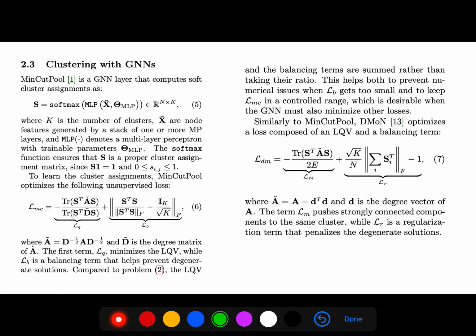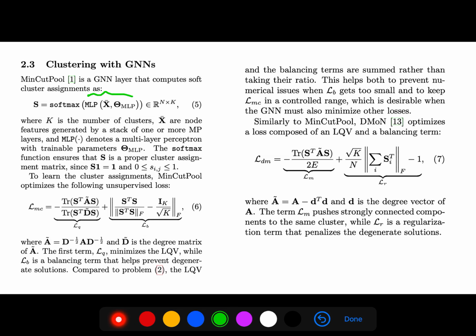MinCut pool is a GNN layer that computes soft cluster assignments. Unlike, if you remember, DiffPool, they had another GNN, but MinCut pool, as I explained in a different video, was just the softmax of a multi-layer perceptron. So it's very simple to obtain S.